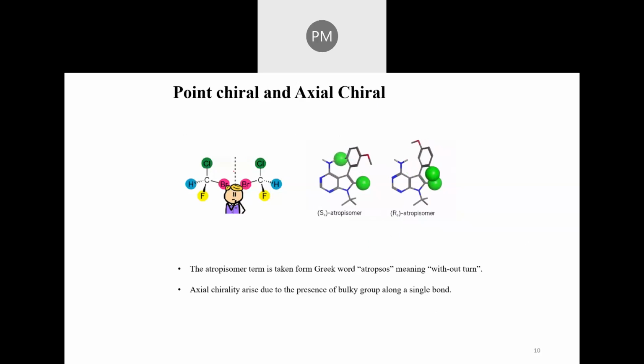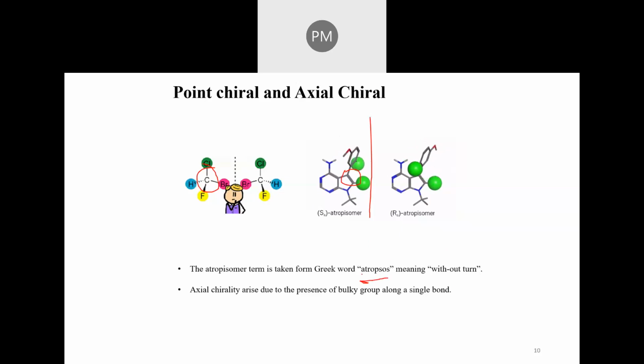So this one is our point chirality, and this one is our axial chirality. Here there are bulkier groups which are not in the same plane, and this one and this one are not superimposable on each other, so they are different isomers.